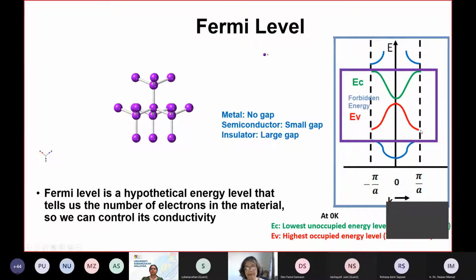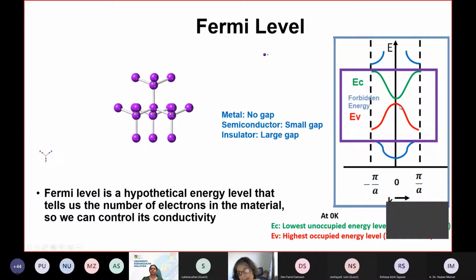That means the electron cannot have an arbitrary energy. It is a fixed value, and the highest occupied energy level or energy band is called the valence band. Whenever we have a crystal, we plot energy versus the momentum because of Heisenberg's uncertainty principle.